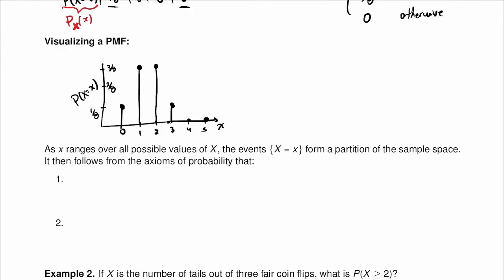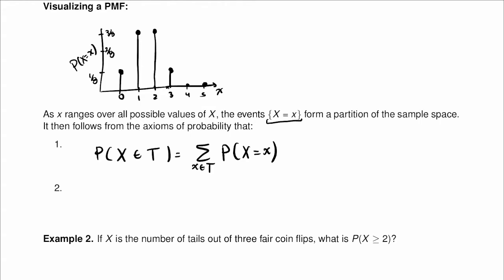As the random variable ranges over all possible values, the events of the random variable taking that particular value x form a partition of the sample space. It then follows from the axioms of probability that the probability of the random variable being in T is the sum over all the values that belong to T of the probability that the random variable takes those particular values.